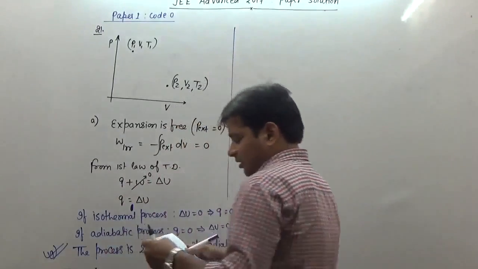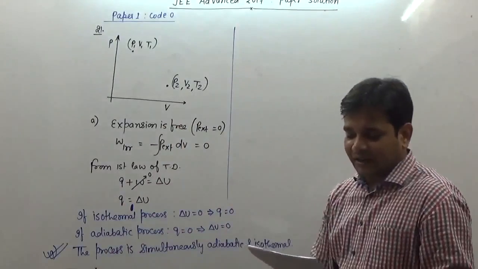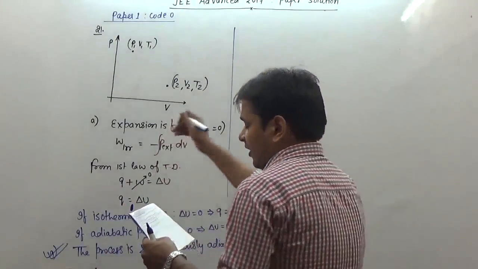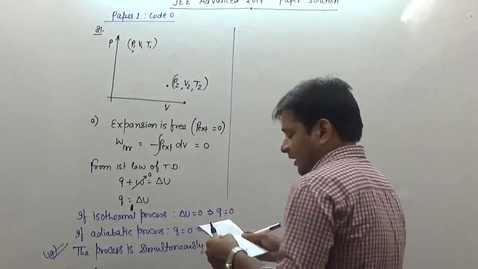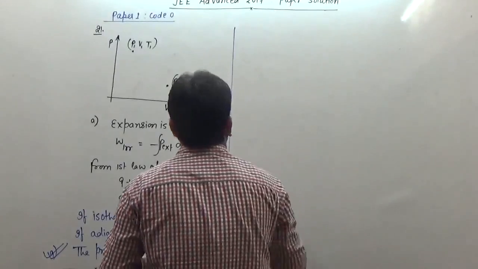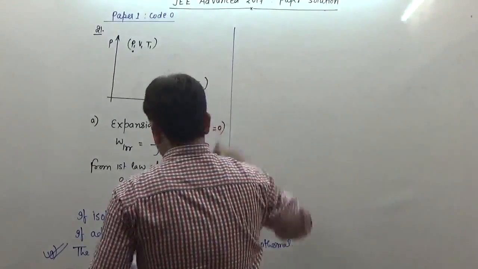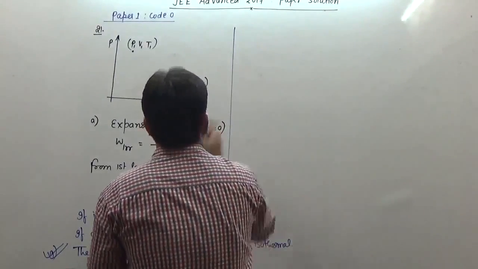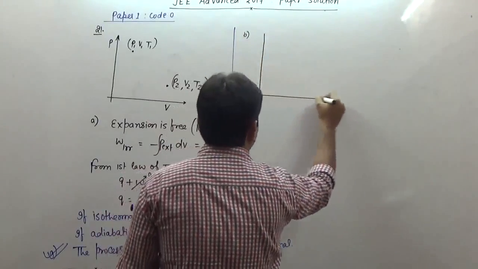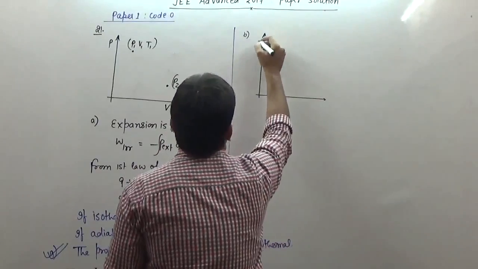Next part is: the work done by the gas is less when it is expanded reversibly from V1 to V2 under adiabatic condition as compared to that expanded reversibly under isothermal condition. Next part is B. B is telling that we are doing expansion isothermal or adiabatic.